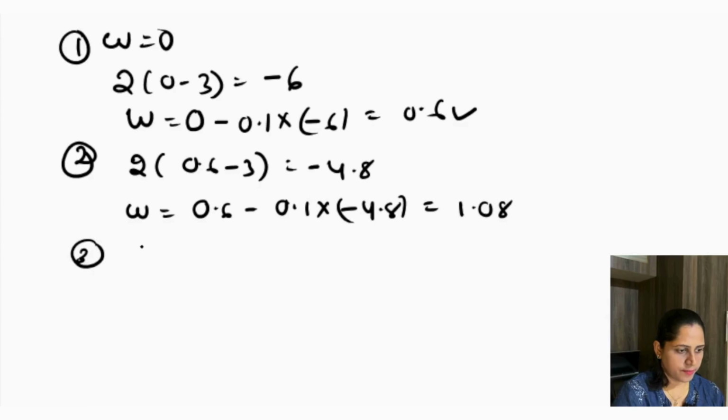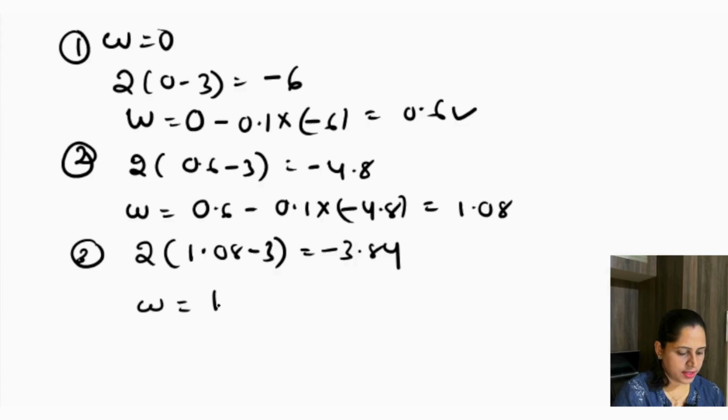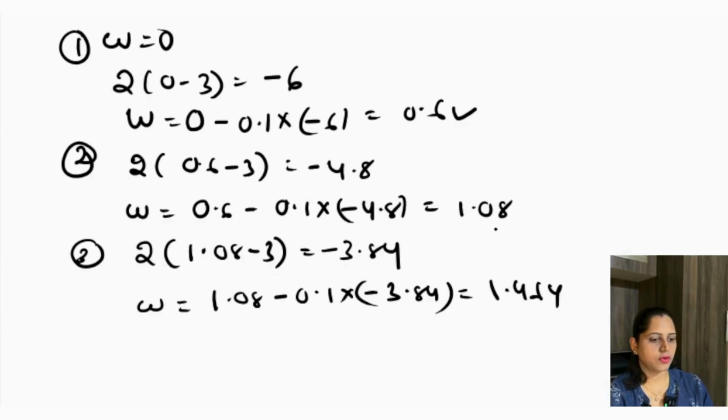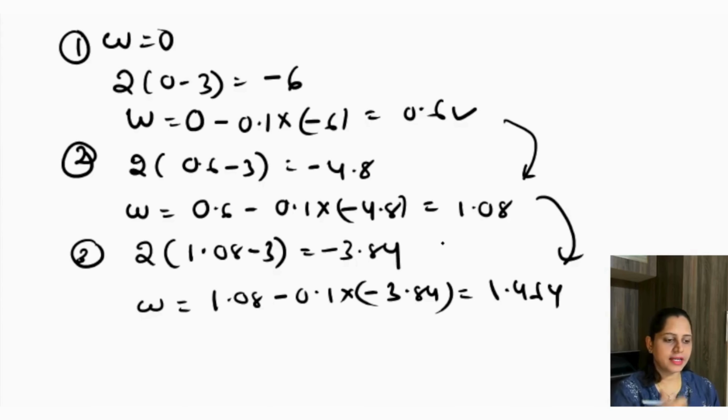Then 2 into 1.08 minus 3 is minus 0.84... I mean minus 3.84. W I am getting 1.08 minus 0.1 into minus 3.84, and I am getting 1.464. So just imagine that it will increase and it will be ending up at nearly 3. That means that point starts from 0, right?